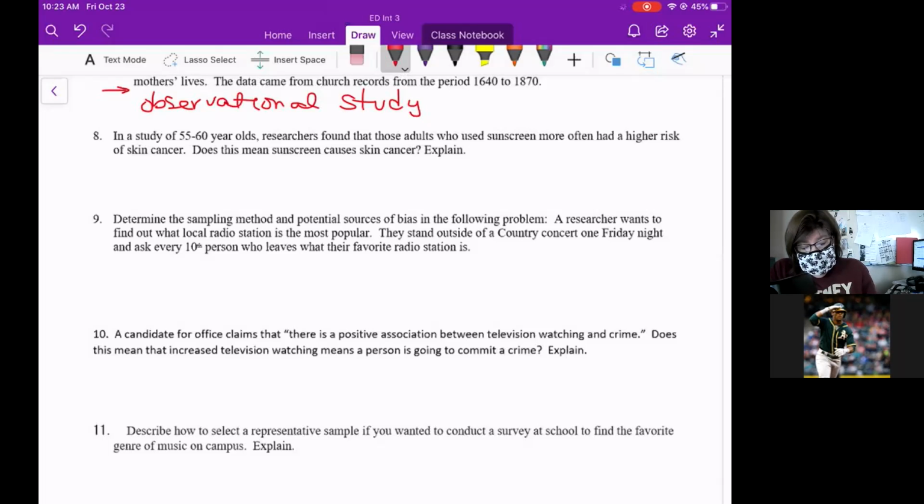If it's the radio station, it'd be biased because they're at a country concert. Everyone would love country, so the likelihood is that they would all say they like country music, right? So the bias is they're at a country concert.